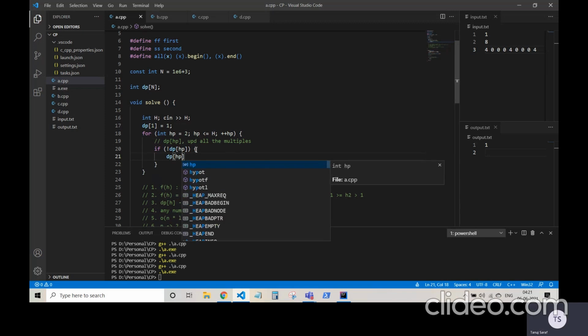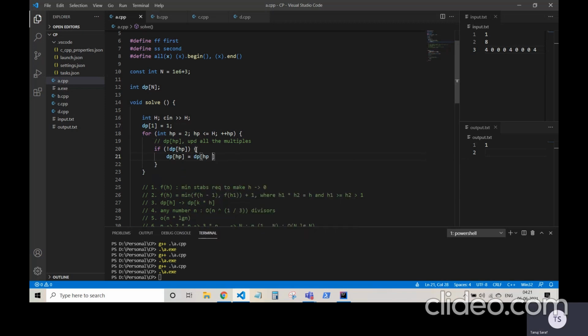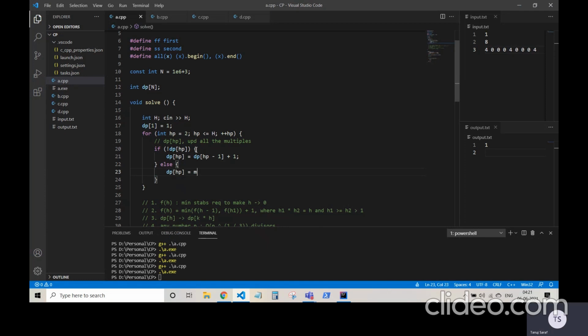In that case, the answer for dp of HP would be dp of HP minus 1 plus 1, right? Else I know that probably some multiple in the past has already given some contribution to this particular dp state, right? So I would like to minimize the answer that I have over here.